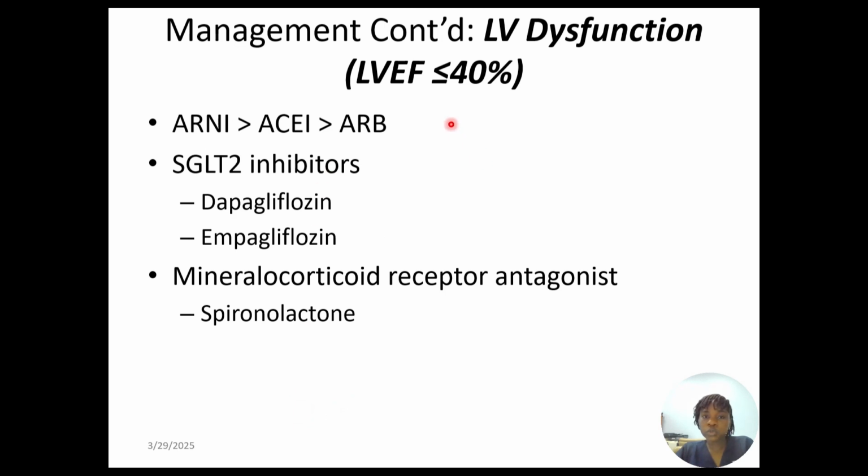Now, patients who develop left ventricular dysfunction, especially a reduction in ejection fraction to less than or equal to 40%, will benefit from these medications. Now, the angiotensin receptor and neprilysin inhibitors are said to be superior in this group of patients to the ACE inhibitors and ARBs.